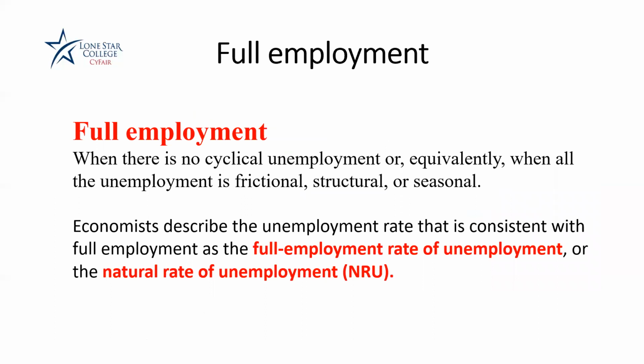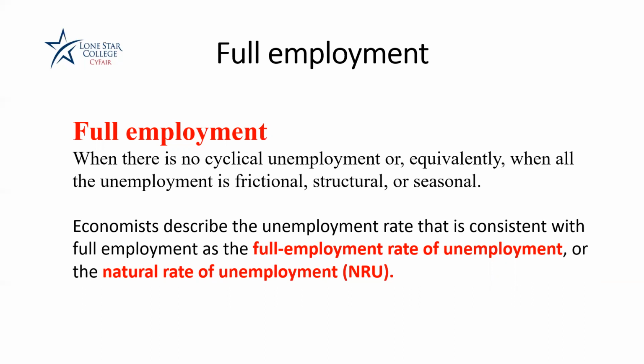Now let's talk about full employment, which is related to what I was explaining. Remember, if we're not having a recession, and the economy is healthy and booming and growing, it means that the cyclical unemployment rate is very low, close to zero, but we still are going to have seasonal unemployment. We still are going to have structural unemployment.